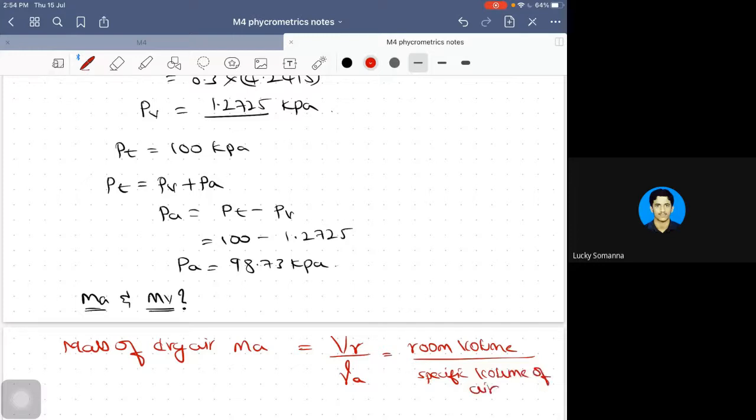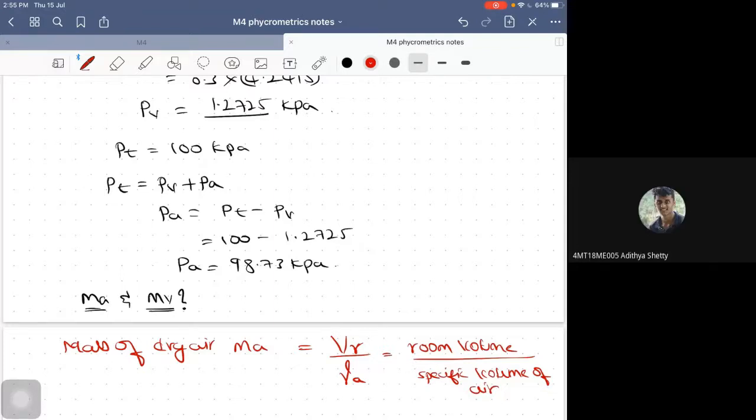I have the room volume, isn't it? 75 meter cube. Now, do I know the specific volume of air? Do I have the value?